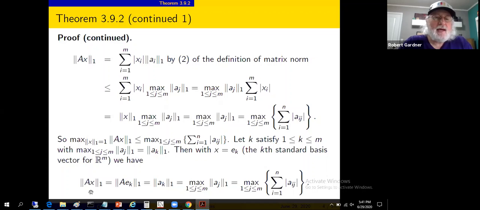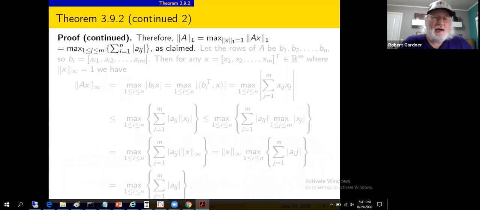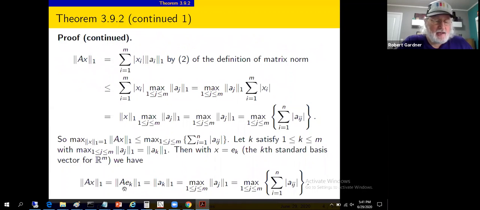And then let's see what happens when we look at Ax for that choice of x. A times x would be A times e sub k. Here what we've got is a linear combination of the columns of matrix A, and the coefficients are the components of e sub k.